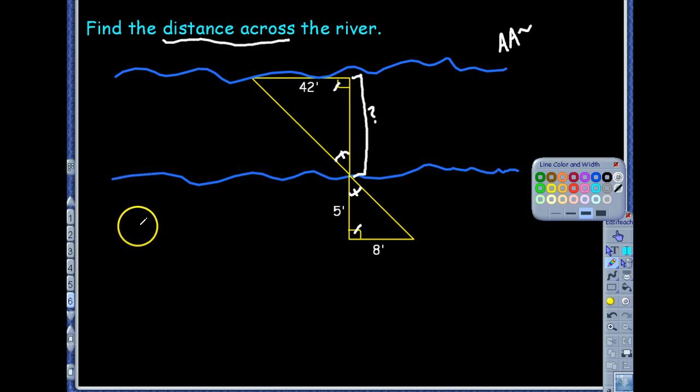All right. So what am I going to do to find this missing piece then? Well, since they're similar triangles and the stuff that's labeled and what we're trying to find involve the sides, we're going to set up a proportion. So I'll say 42, so that's the 42 feet. I'm going to compare that to the 8. Both of those are kind of that horizontal distance, but also I notice that that's kind of across from that vertical angle, so you can see that as well.